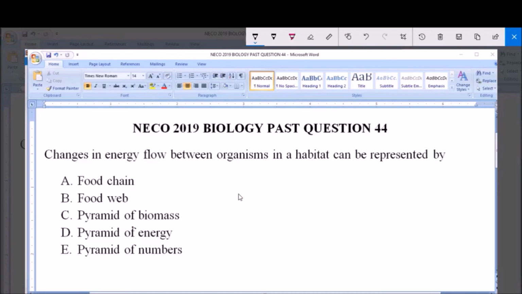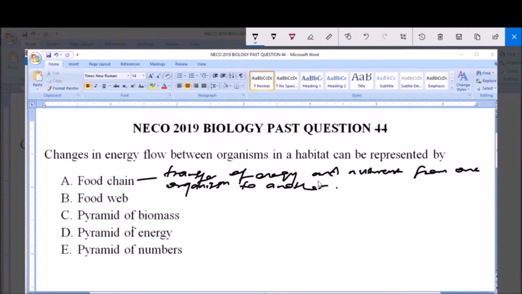Now option A says food chain. Food chain shows the transfer of energy and nutrients from one organism to another. That is a food chain.